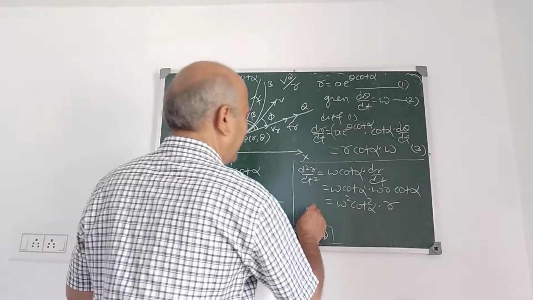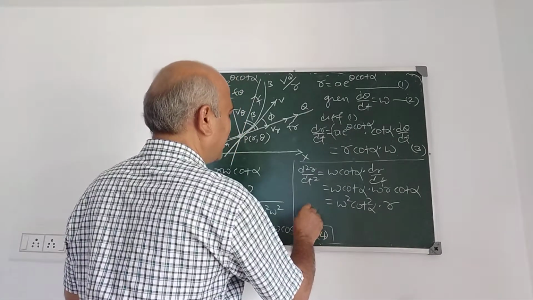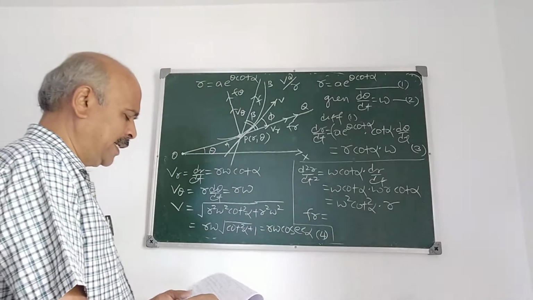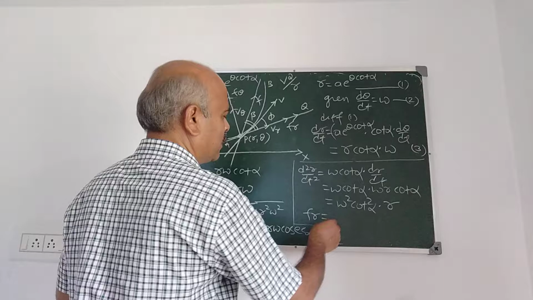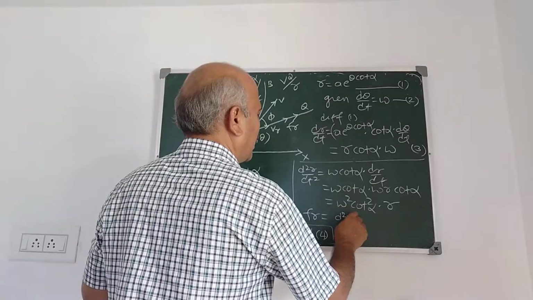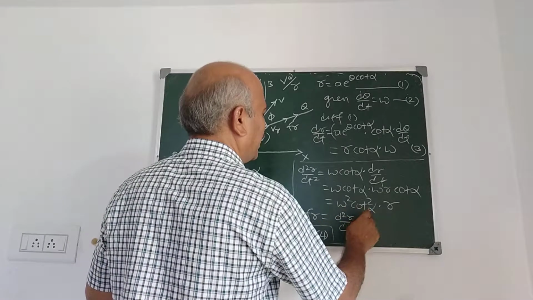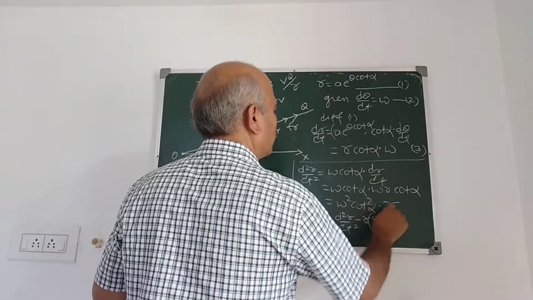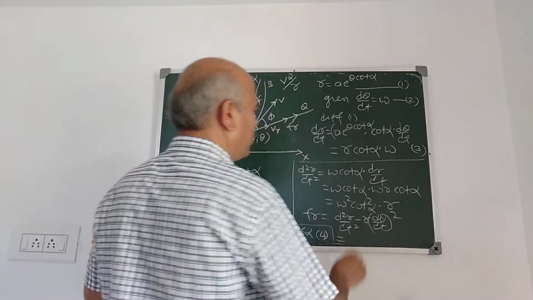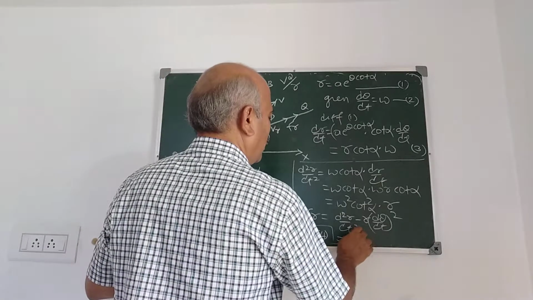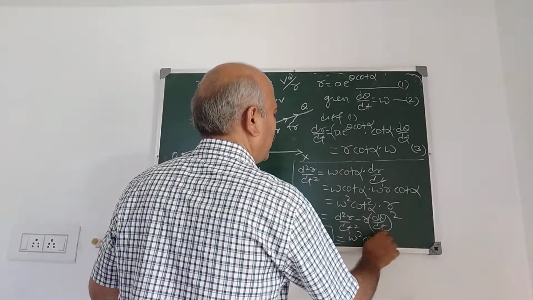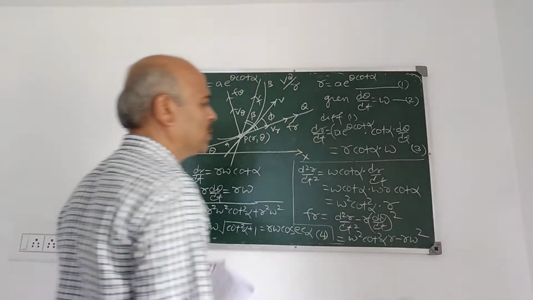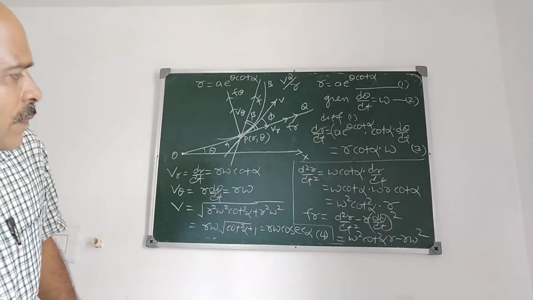Therefore, radial velocity and radial acceleration. What is Fr? Radial acceleration is d2r by dt square minus r into d theta by dt square. What is d2r by dt square? Omega square cot square alpha into r, minus r into omega square, because d theta by dt is omega.